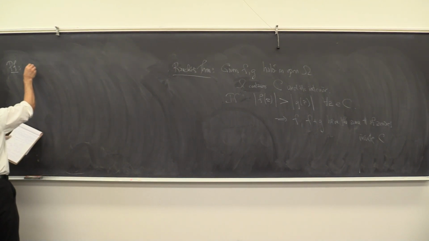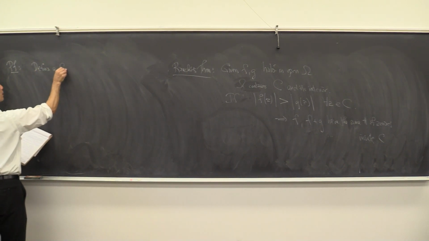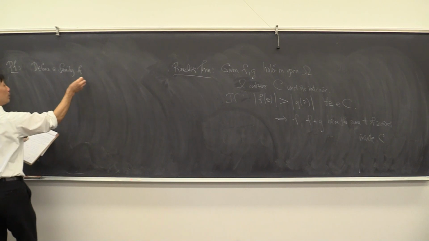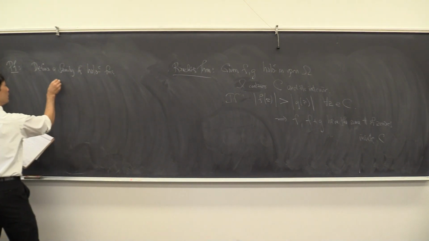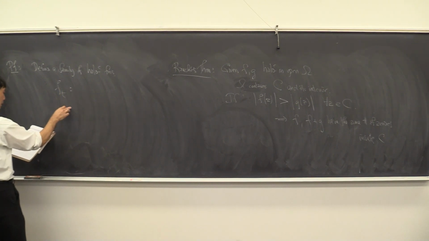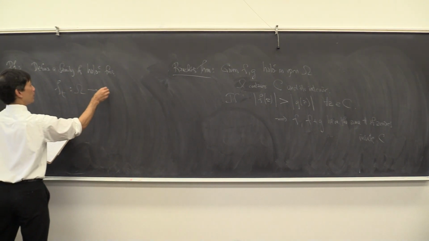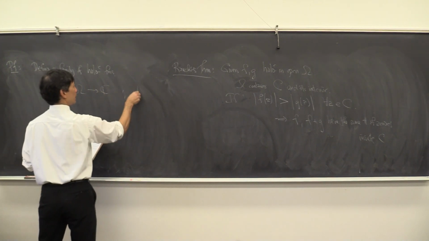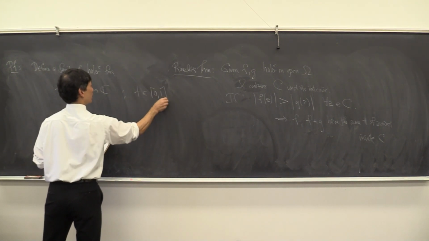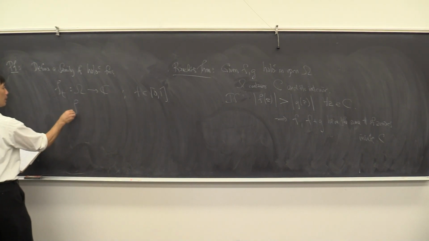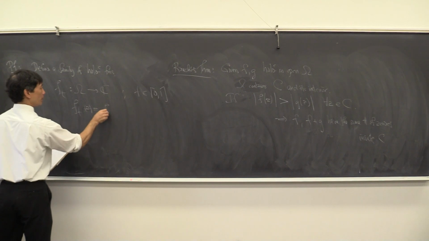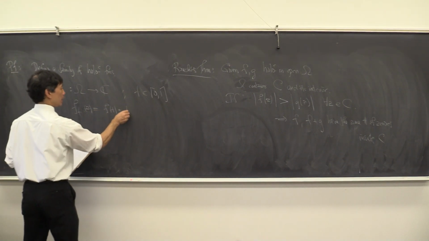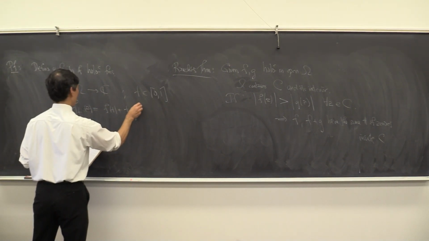So define a family of holomorphic functions f sub t, where t is going to range from 0 to 1, and f sub t is just going to be f plus t times g.